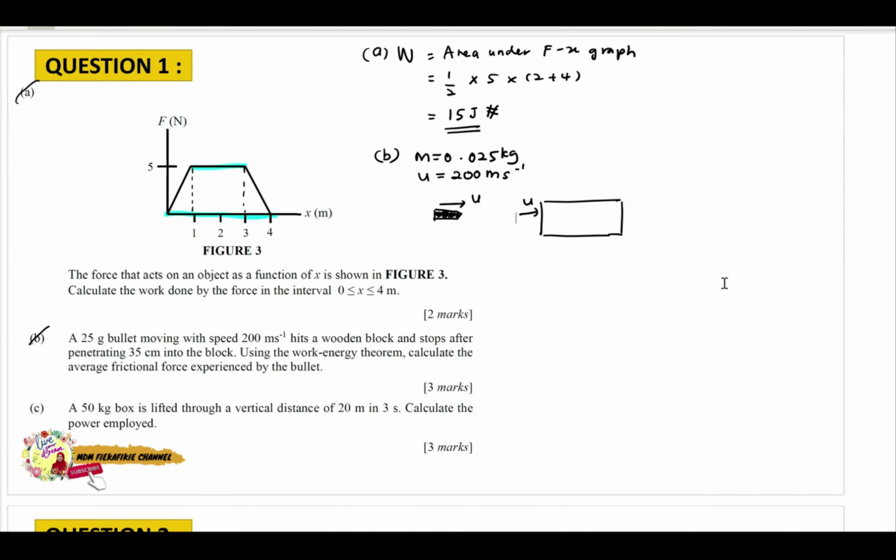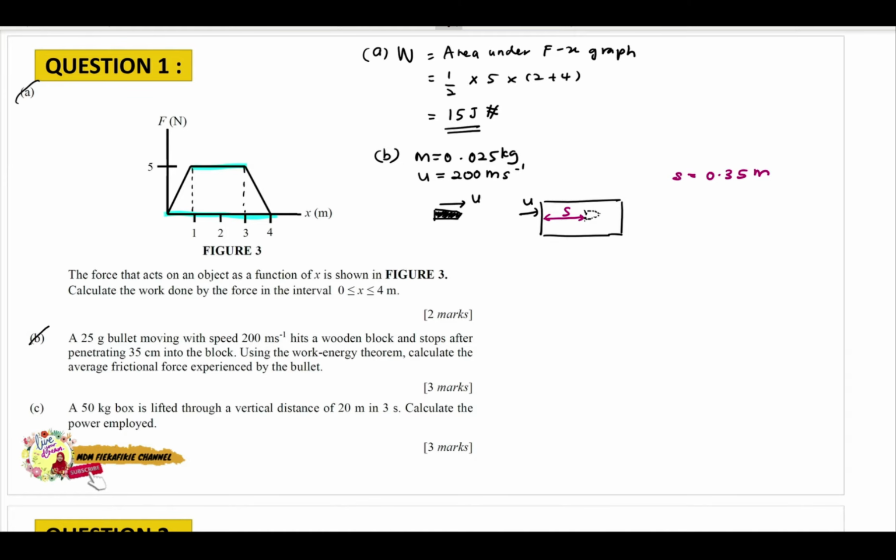It will stop. Okay, it will stop after penetrating 35 centimeter. Okay, so let's say this is the position of the bullet after penetrating the wooden block. Okay, so the distance here, this is S, where S is equal to 0.35 meter.